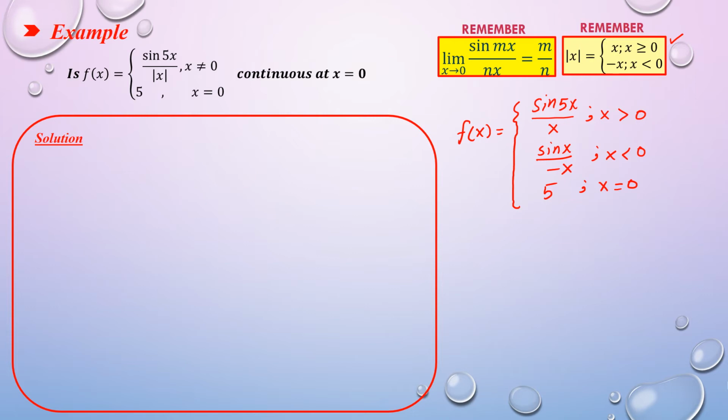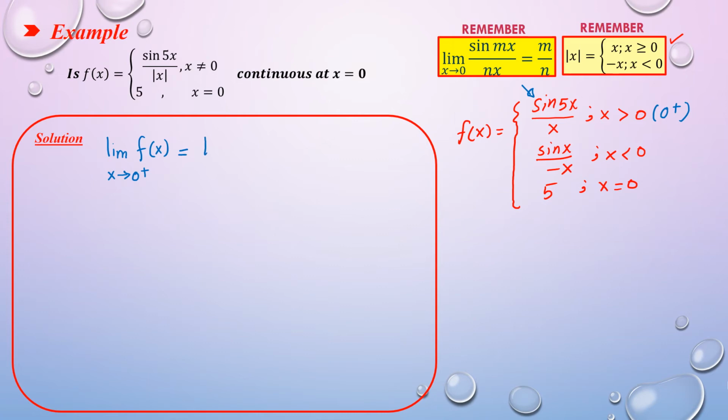Since we have greater than 0 and less than 0, and you have to check the continuity at x equal to 0, you have to find the limit of this function to the right of 0 and to the left of 0. So limit f of x when x goes to 0 from right, you have to use this function sine 5x over x.